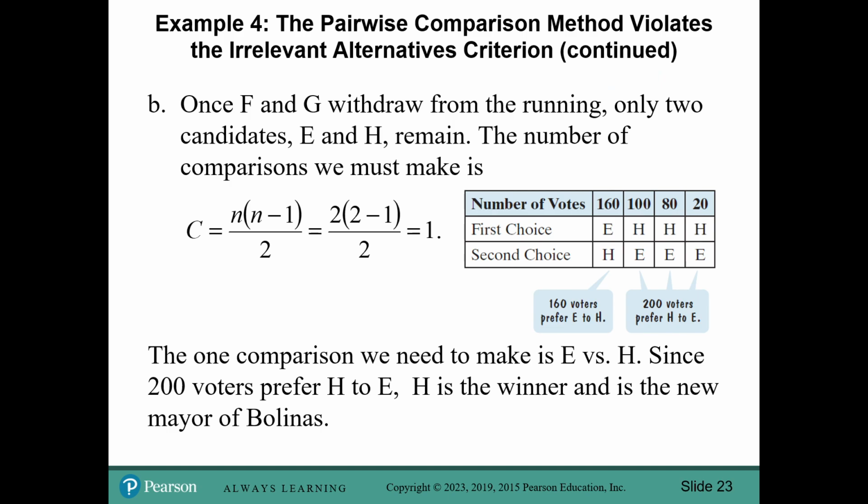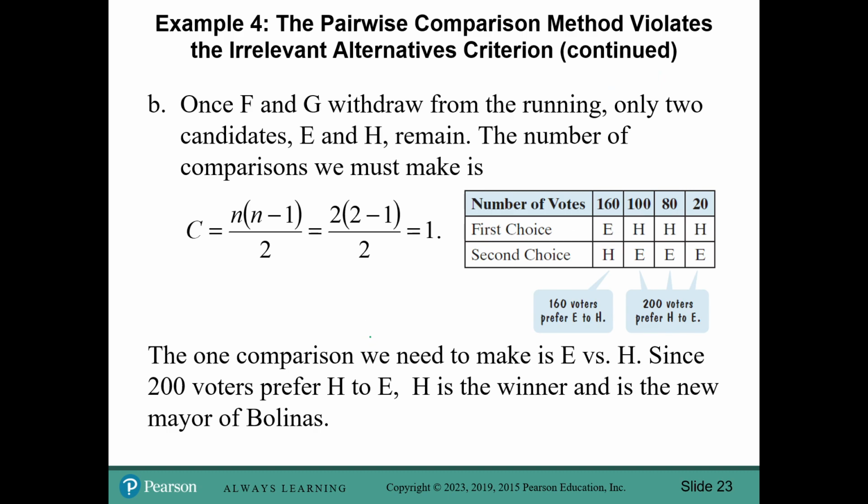But in part B, remember that F and G withdraw from the running, and now with only 2 candidates, E and H, remaining, the number of comparisons we must make is simply just 1. If we plug 2 into this comparison formula here, 2 times 2 minus 1 over 2 is just 1. So we really just need to compare E and H, obviously.